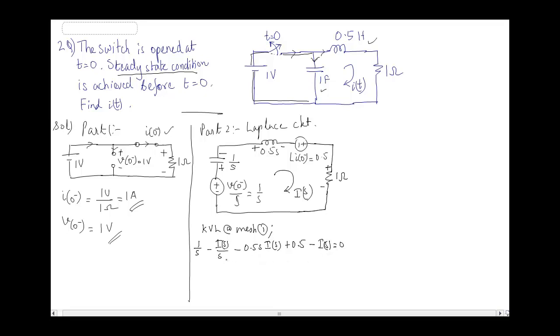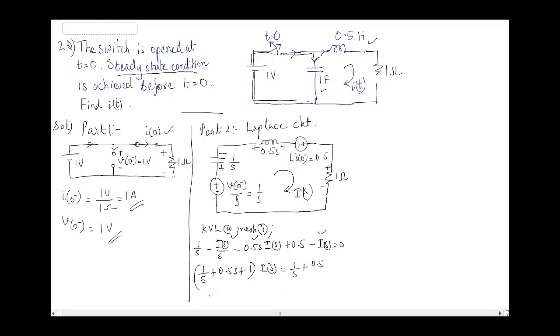As you can see here, there are two values, so I will separate them out. I will get 1 by s into I of s, which I will take common, plus 0.5s into I of s, plus this I of s, which is plus 1 I of s, is equal to whatever is remaining, which is 1 by s plus 0.5.